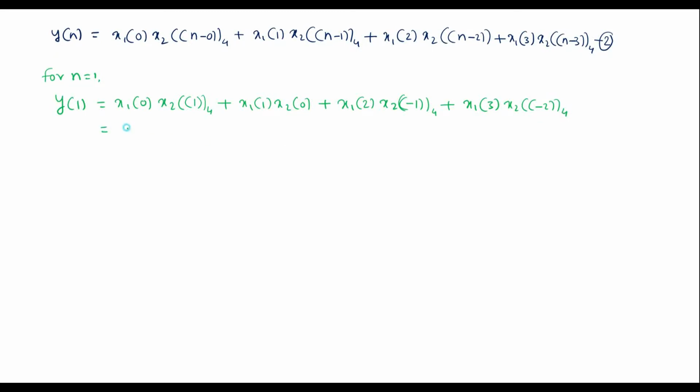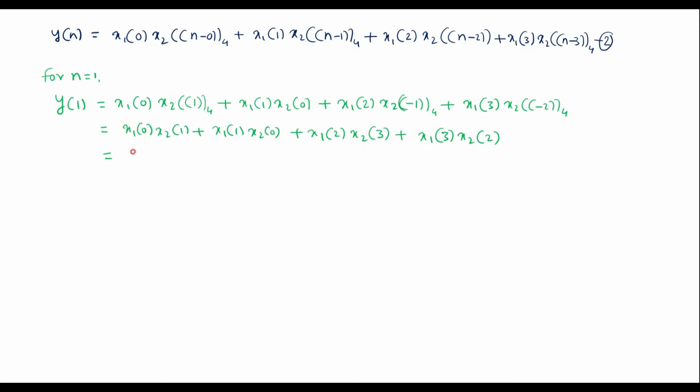Further this can be simplified as x1 of 0, x2 of 1 plus x1 of 1, x2 of 0 plus x1 of 2. So this is x2 of 4 minus 1, that is 3, plus x1 of 3, x2 of 4 minus 2, that is 2.